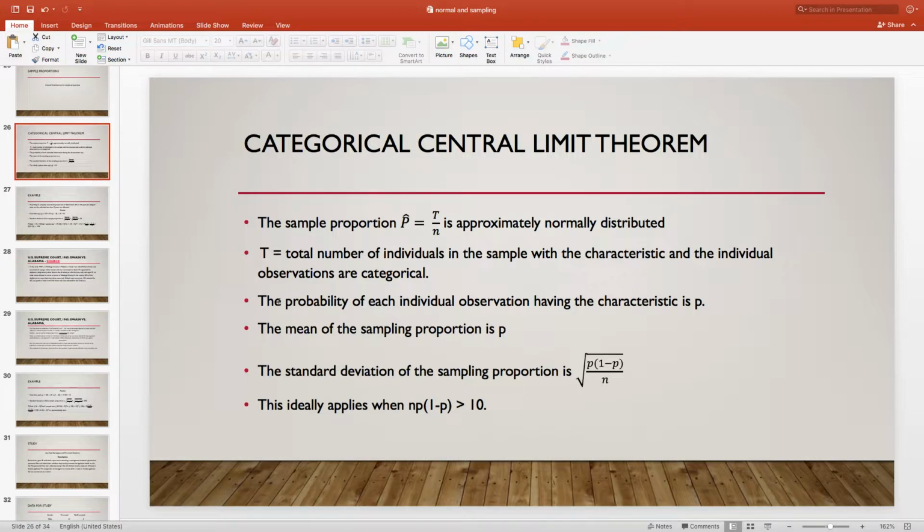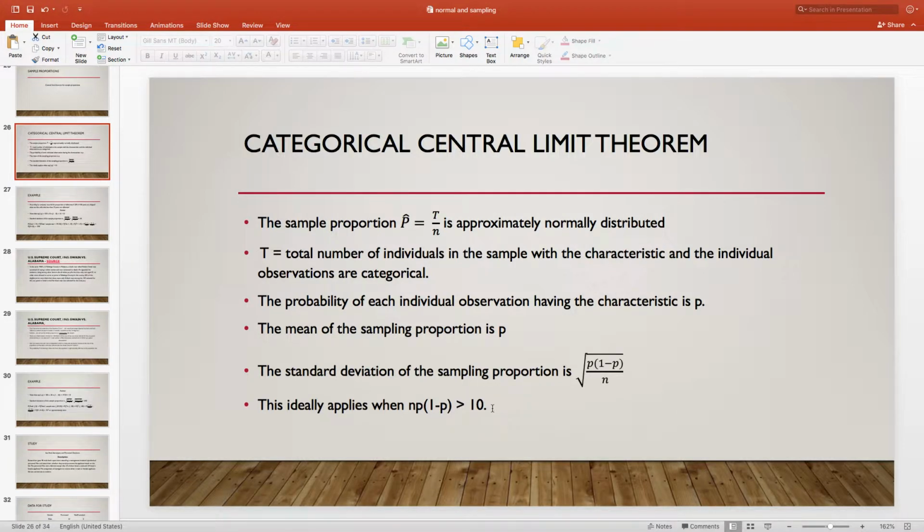The probability of each individual observation having the characteristic is probability P, and the mean of the sampling distribution is P. So in the central limit theorem, we're going to set mu to be equal to P, and the standard deviation is the square root of P times 1 minus P divided by n.